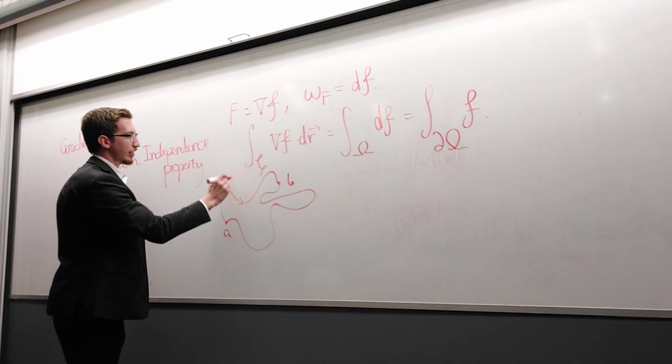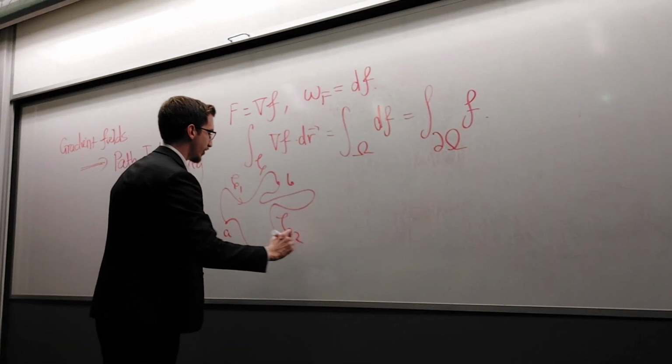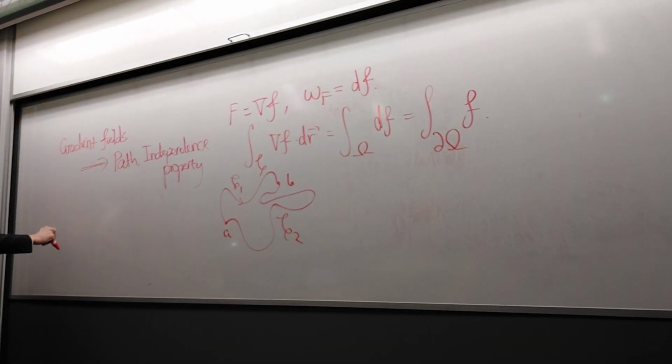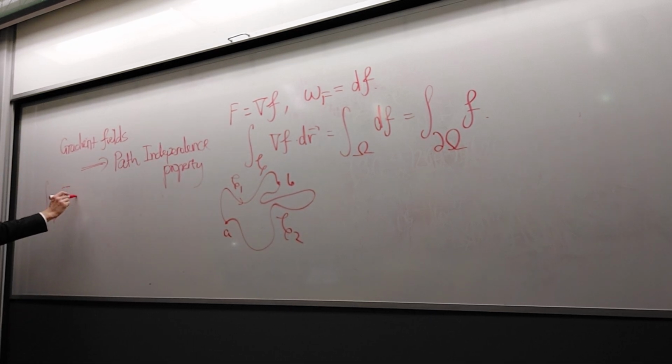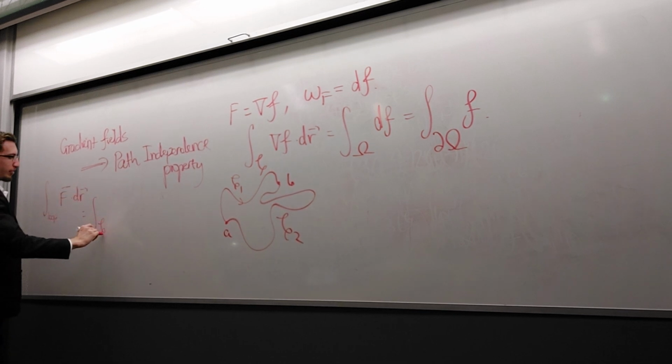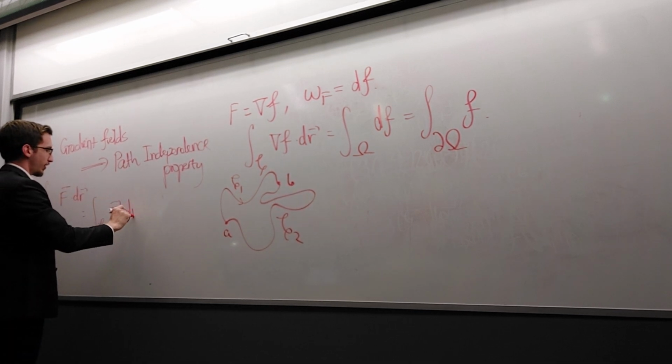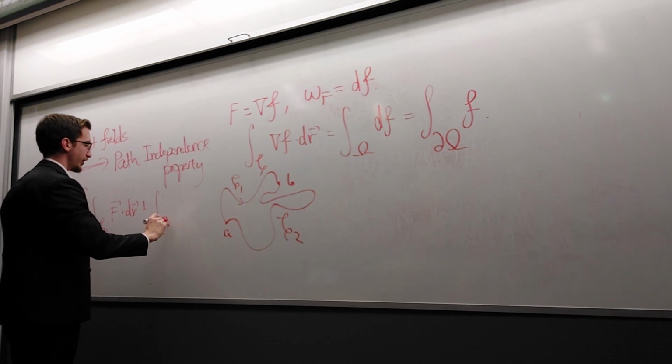Let's call this C1, C2, and the line integral over the loop, by loop I mean this, of F is the line integral over C1 plus the line integral over C2.